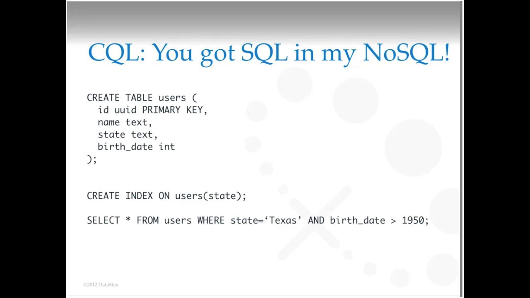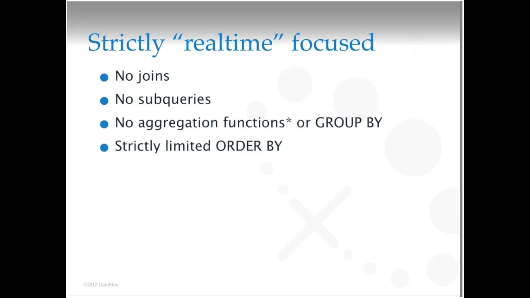What I'm going to do now is talk about how, in 1.2, we're not fundamentally changing what Cassandra does. We're not trying to make it more of an SQL. We're not going into joins or anything like that. What we are making it able to do is expose Cassandra's strengths in a way that makes more sense.